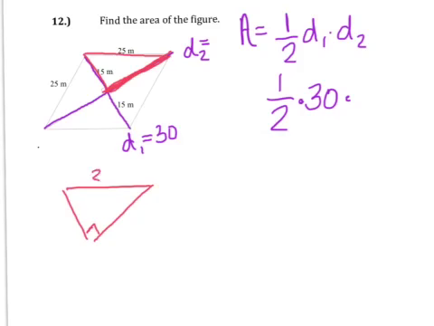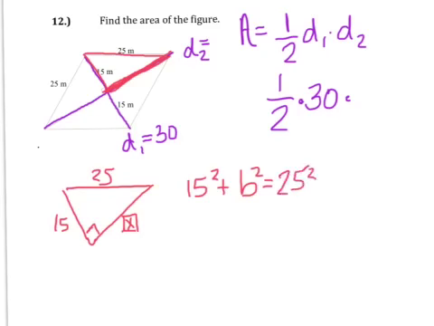Okay, so this is 25, 15, and I need this one. I'll call it X. So let's use the Pythagorean theorem. So we'll have a squared, which we'll say a is 15. B squared, I don't know. And c squared would be 25, because it's our hypotenuse and it's across from the right angle.